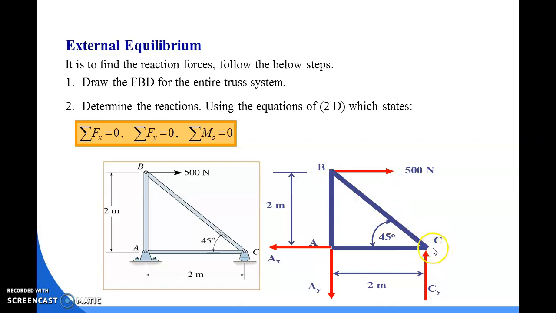At joint C, due to the roller support, one vertical reaction is there, named CY, and at joint B, one horizontal force is there, which is 500 Newton, and the angle at C is equal to 45 degrees. In this way, we can draw the free body diagram of the whole truss.